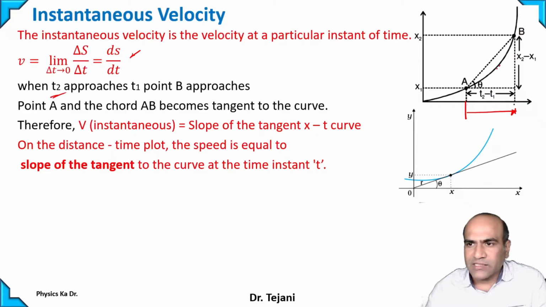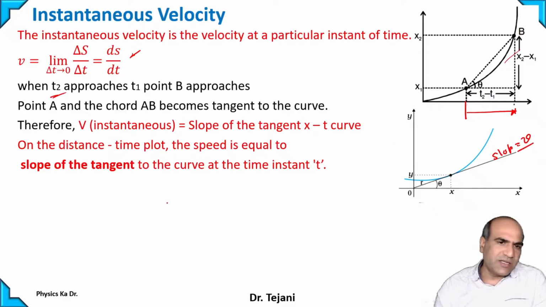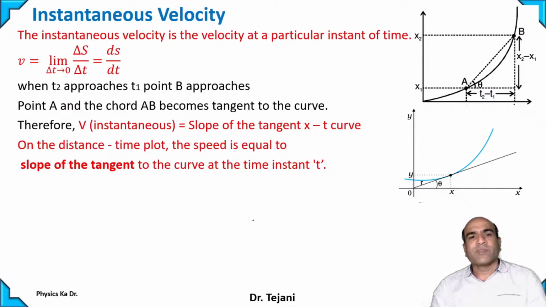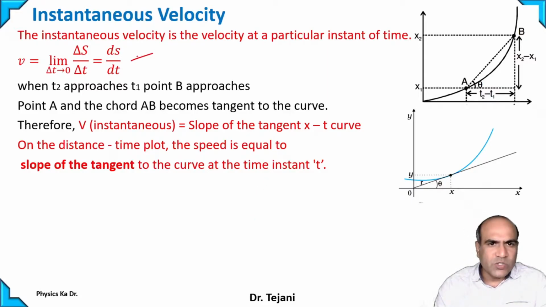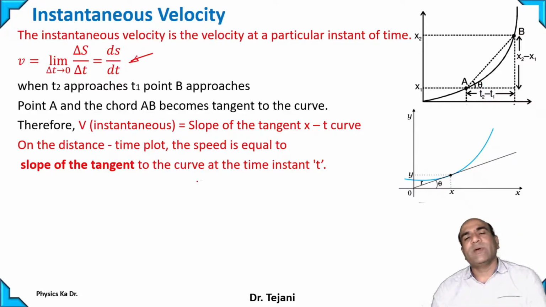This AB line becomes a tangent to the curve when it is very small, and the slope of the tangent gives velocity. For the average velocity, the slope was giving it, and here the tangent is our slope, giving velocity. So this equation is useful here: v is equal to ds by dt.